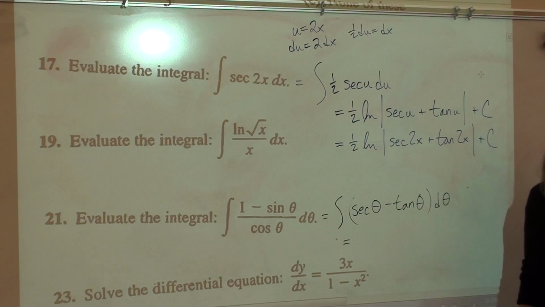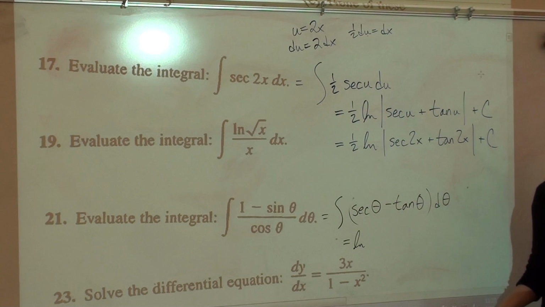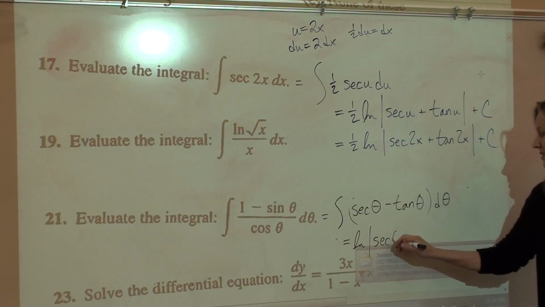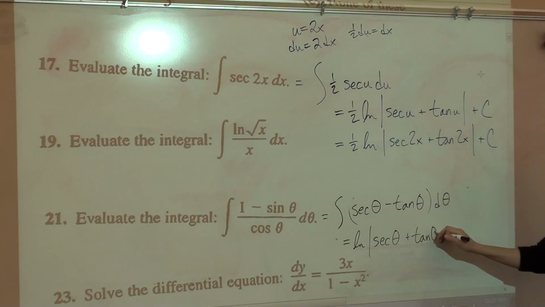What's the antiderivative of secant? Secant plus tan. Natural log, absolute value, secant theta plus tangent theta. Okay, now we have to find the antiderivative of tangent: negative ln absolute value cosine theta.